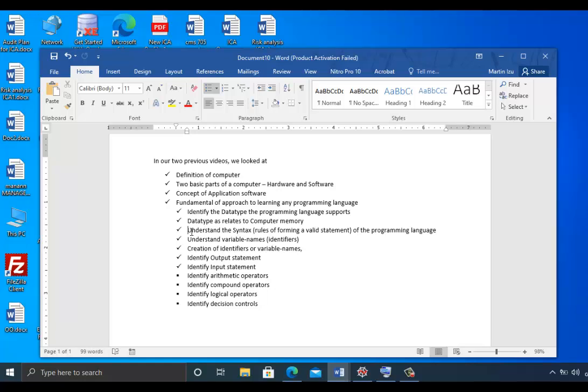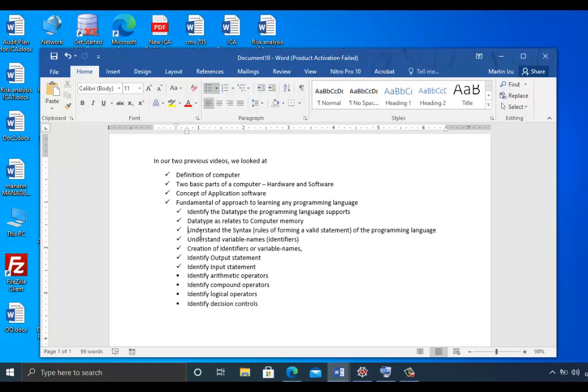So we were able to establish that understanding as well in terms of syntax rules in making a valid statement in a programming language with respect to Python.